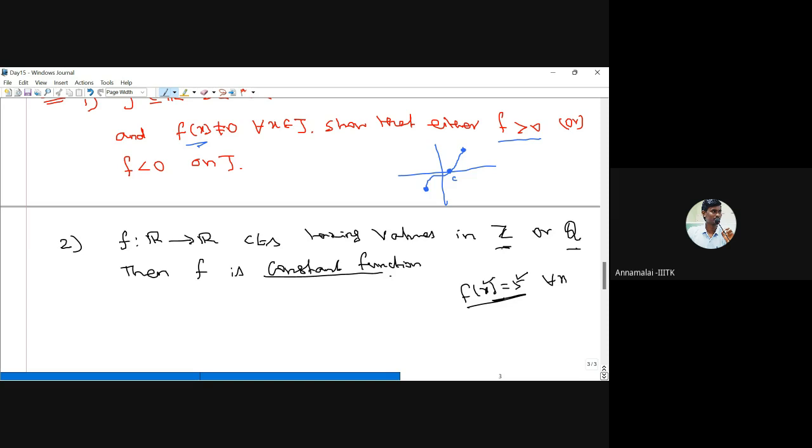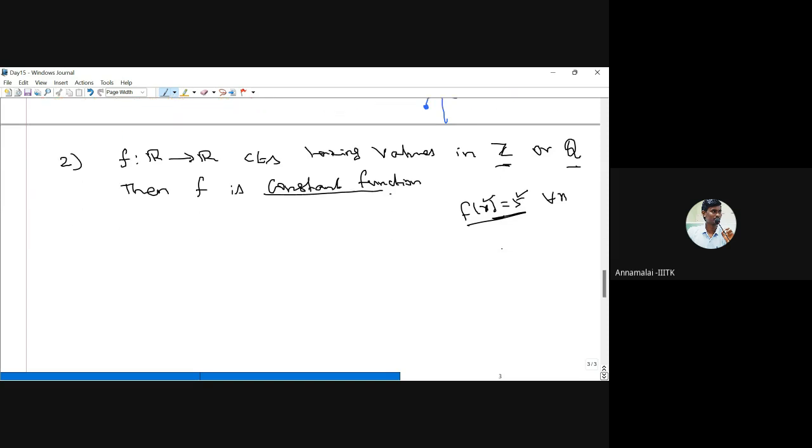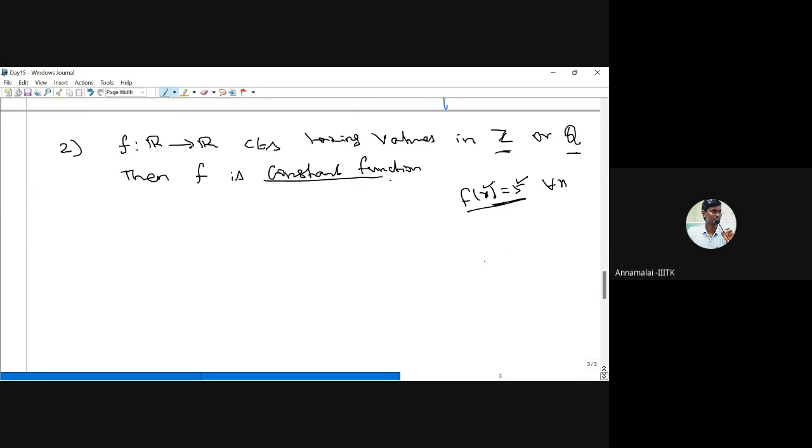We have to prove that this is constant. Constant means every point maps to the same point, that is, f of x equals f of y for any x, y in the domain R. Everything maps to the same value. Suppose not constant. Then what will happen? Suppose f is not a constant function.